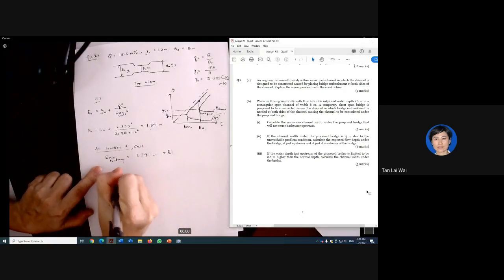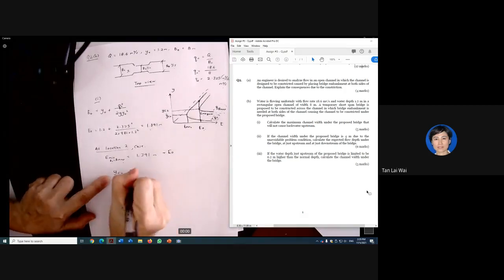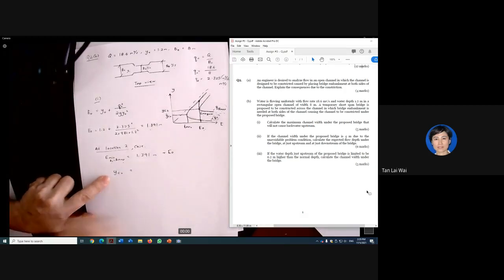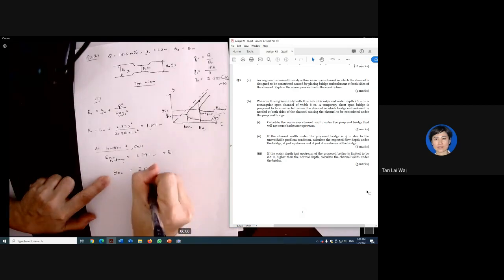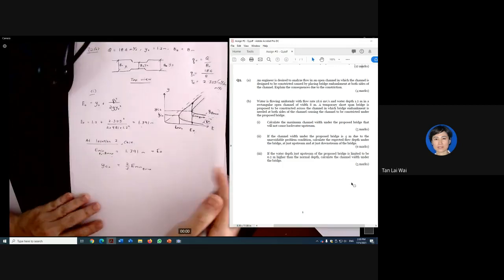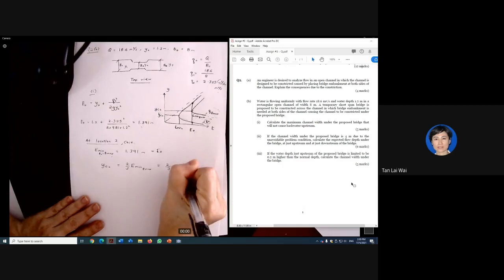It is 2 over 3. Yes, great, thank you. So it's 2 over 3 E mean B max. Now therefore YC2 will be equal to 2 over 3 times 1.391 meter.